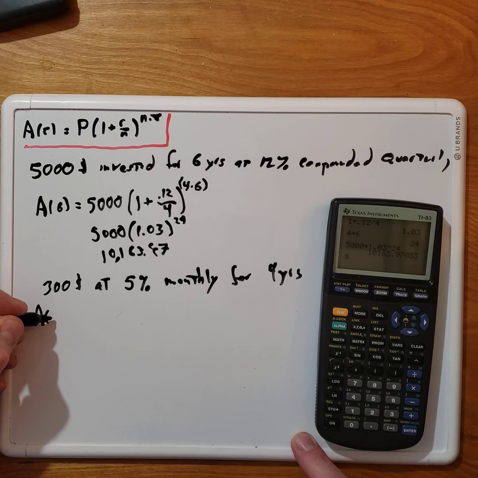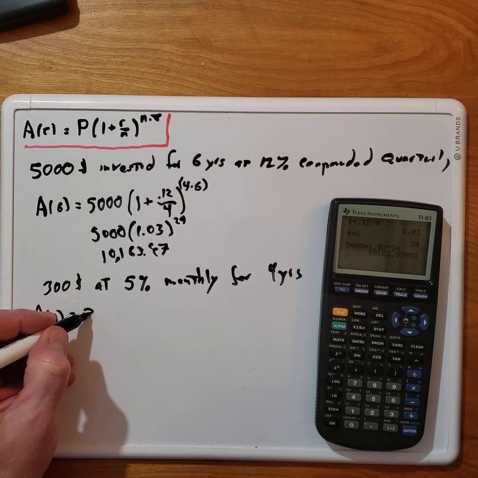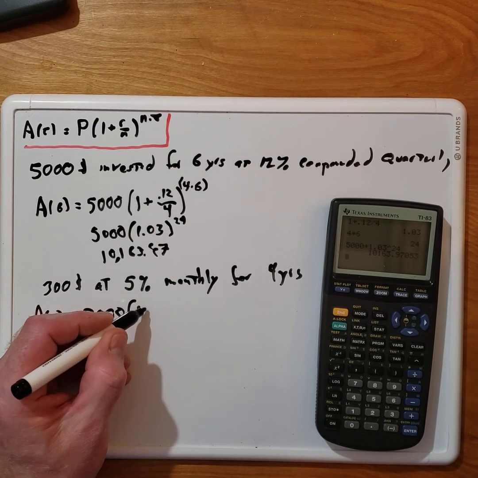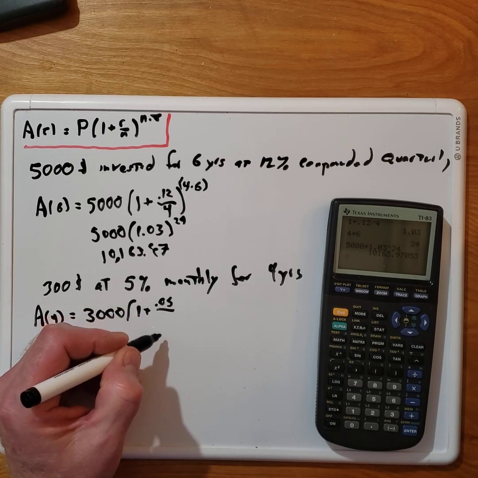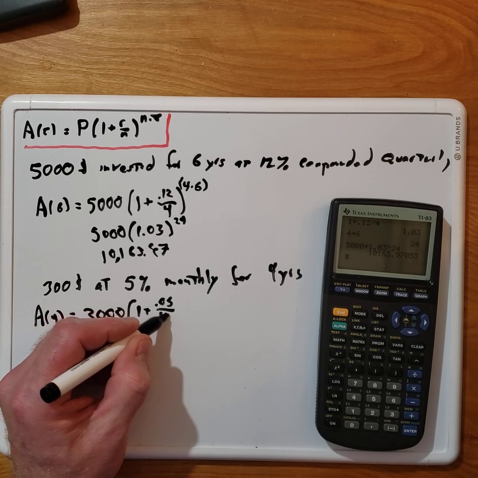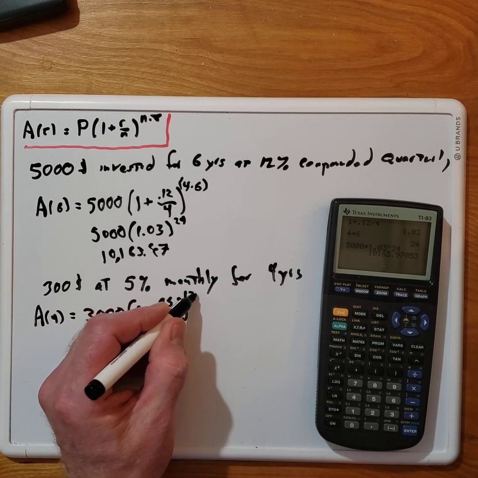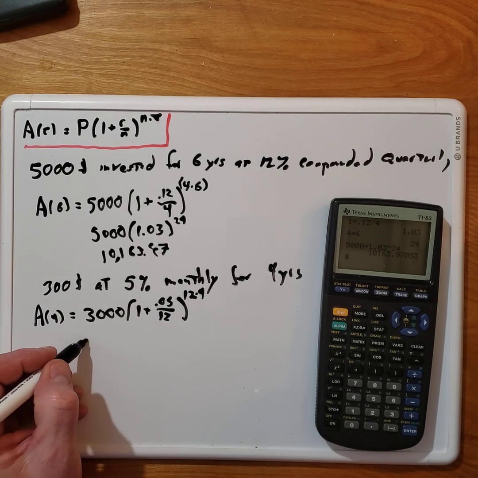So the amount we would have after our 4 years would be our principal, $300, times 1 plus our rate, 0.05, divided by monthly would be 12 times a year. And that would be 12 times 4. We're going to do it 12 times a year for 4 years.